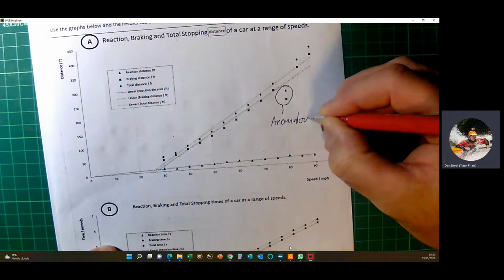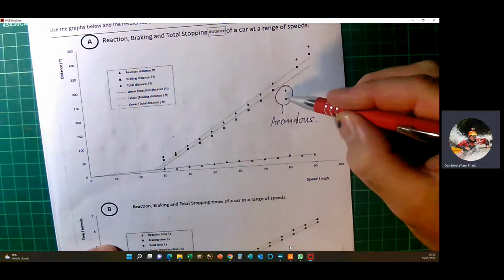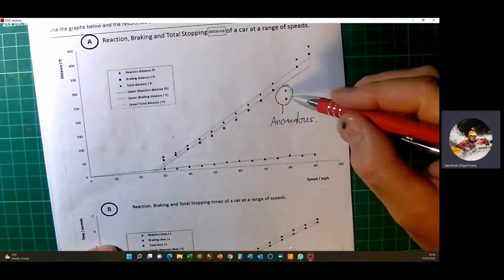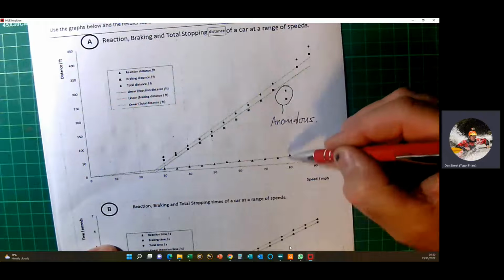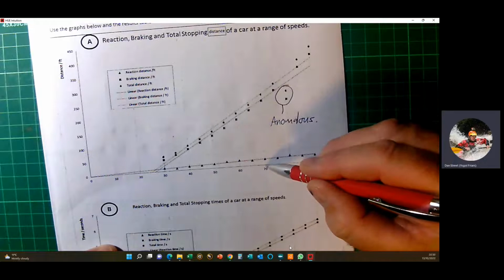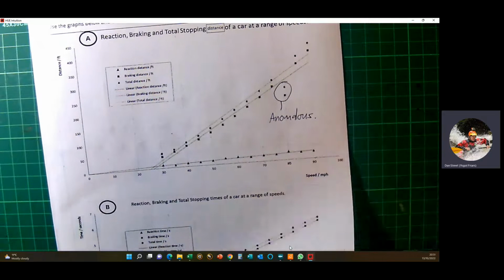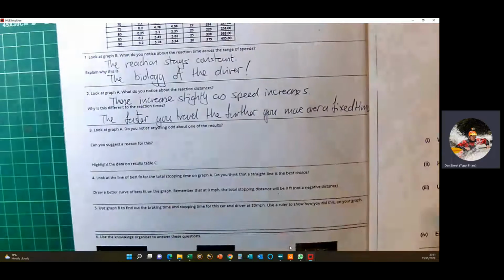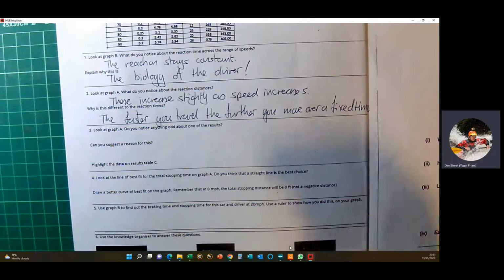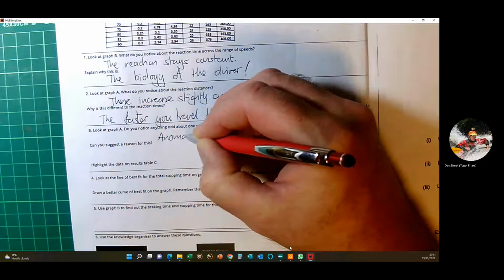And in the instance of the simulator we used, I suspect that the person who created this data accidentally recorded the 80 mile an hour data when they actually set the simulator to more like 70 miles an hour. So it's probably an error on the part of the operator. But it's important that you can recognize anomalous data across all your science exams. So we could say anomalous data.